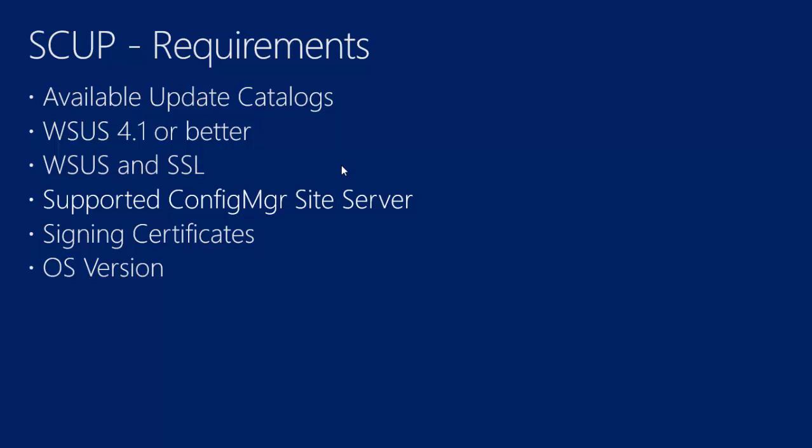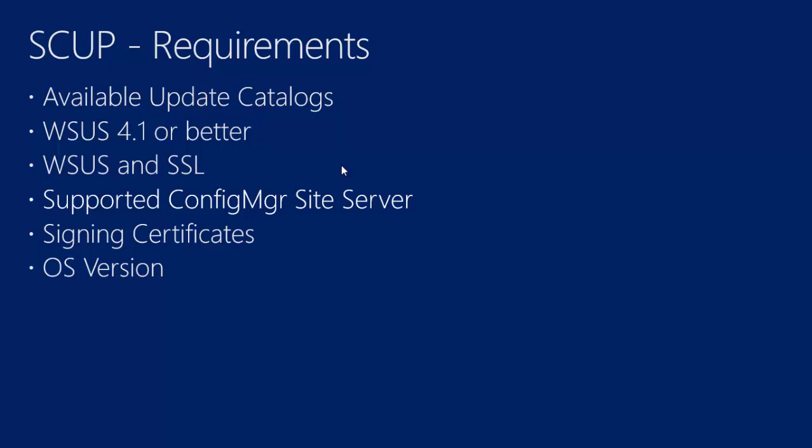So, say it again: if you have SCUP remote from your WSUS server, then WSUS requires that it is running in SSL mode in order to accept publications from SCUP. This is just a way that WSUS can ensure secure connections and so on.